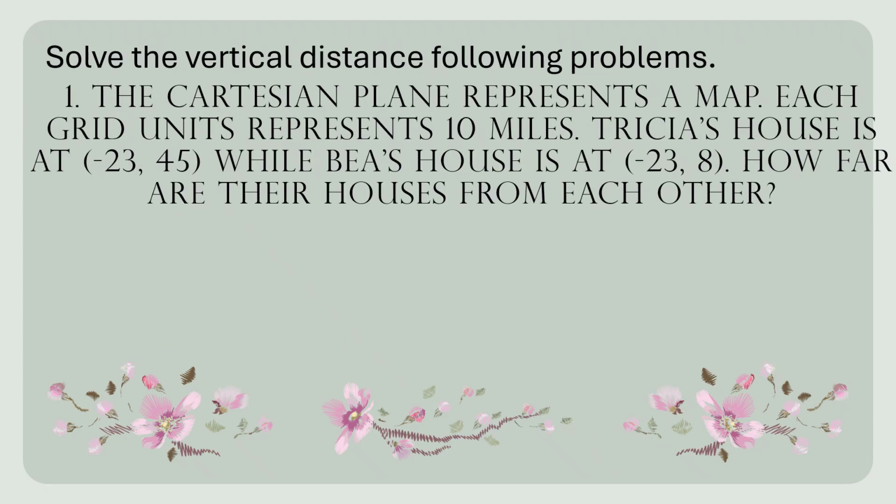And now let's solve vertical distance problems. When we see vertical, it's the one that stands. So we're looking for y sub 1. Here the y sub 1 is 45 and y sub 2 is 8. To get the distance on the vertical line, y is equal to y sub 2 minus y sub 1.